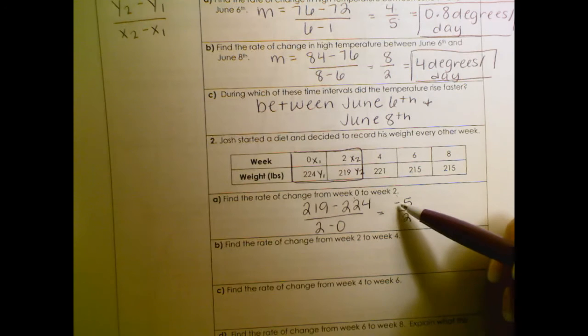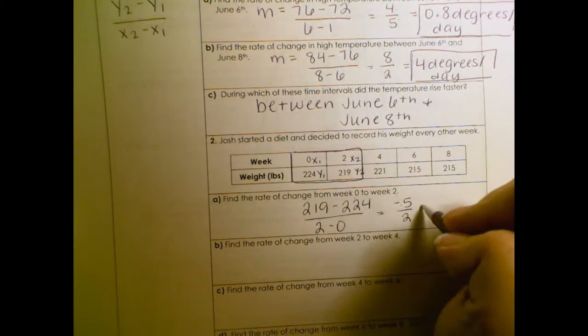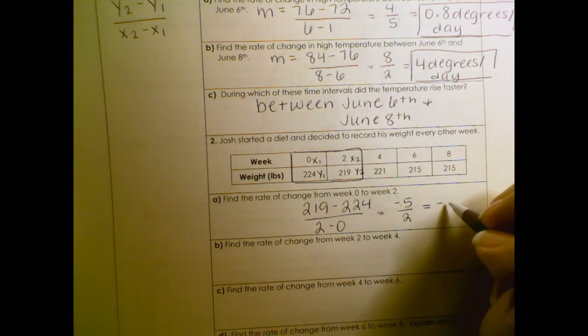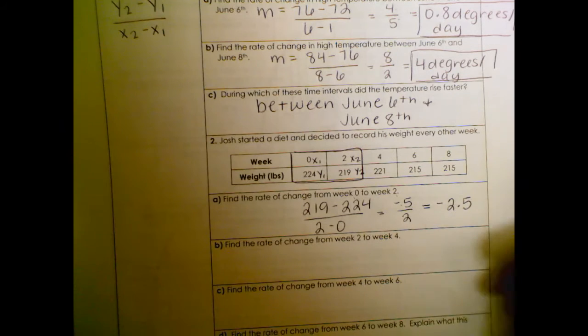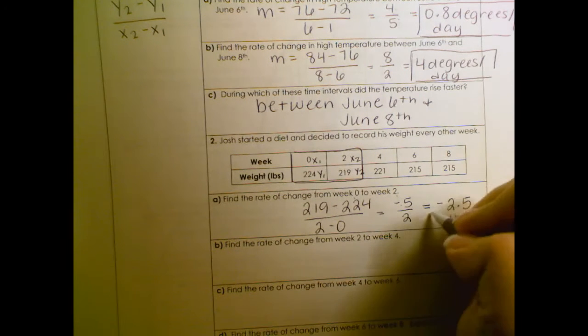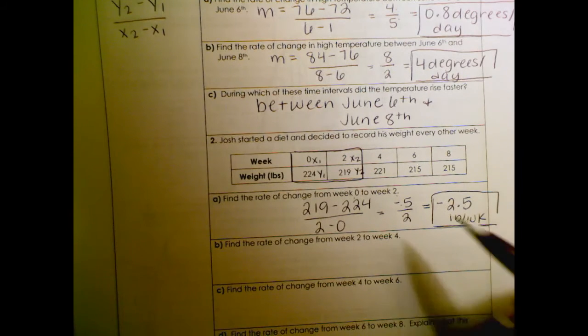Now he's losing weight, so my answer should be negative, but negative 5 over 2 doesn't give me a whole lot of context. I'm going to go ahead and make this into a decimal. So going from a fraction to a decimal, he lost about 2.5 pounds per week. That gives me more context than negative 5 over 2.